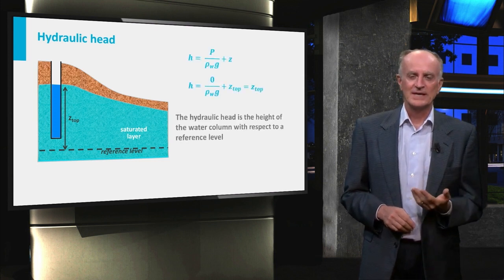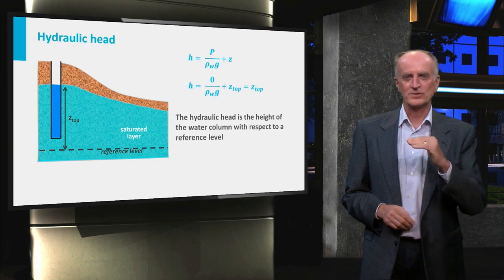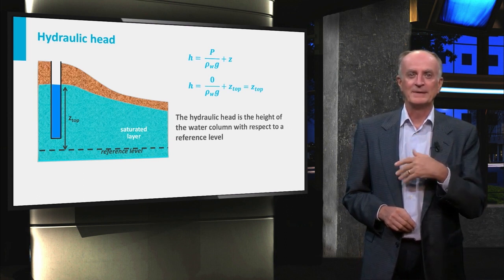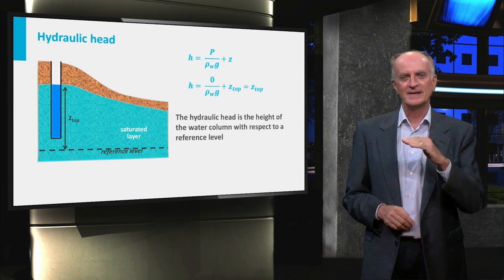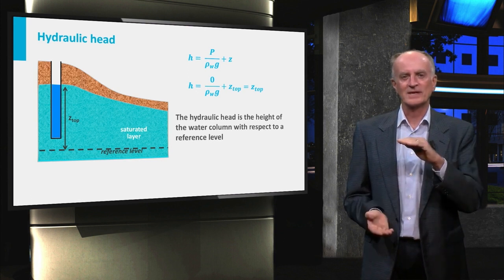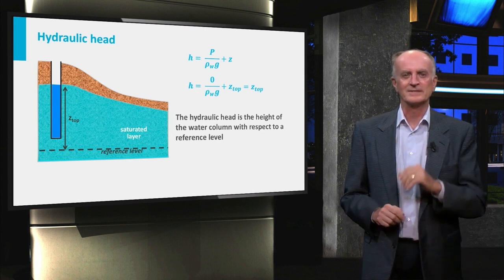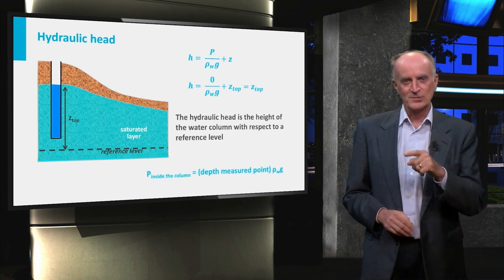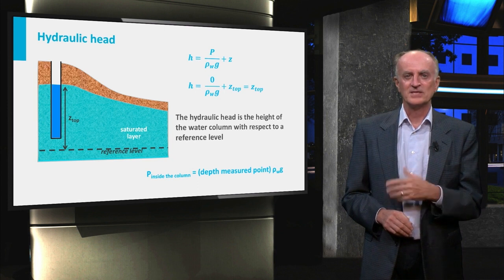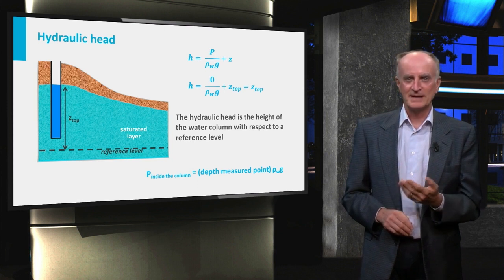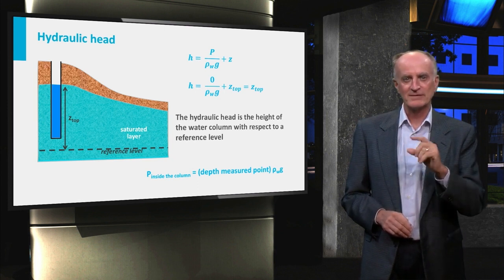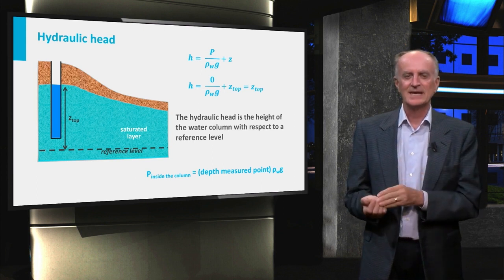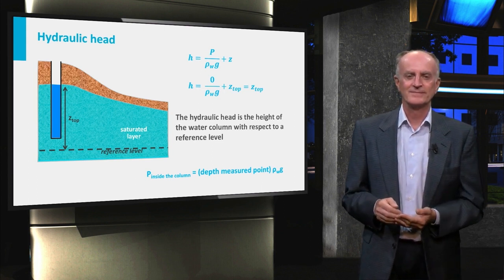Using the head equation and assuming that the pressure at the top of the water column in the well can be neglected, you can see that the head is equal to the height of the water level with respect to the reference horizon. One can also determine the pressure inside the water column in the well. At each point, it will be equal to the depth of the point with respect to the water level times water density and gravity acceleration.